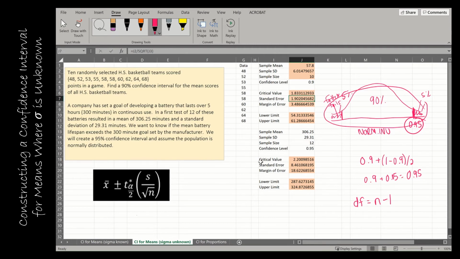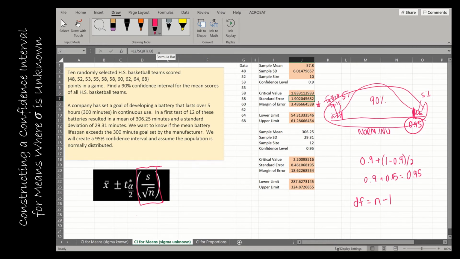Now, standard error is not a term that your textbook uses, but I like to use it because it's really this calculation. And so in our last example, I didn't find a specific line for standard error. You can, or you can just go straight to margin of error. It doesn't matter to me.